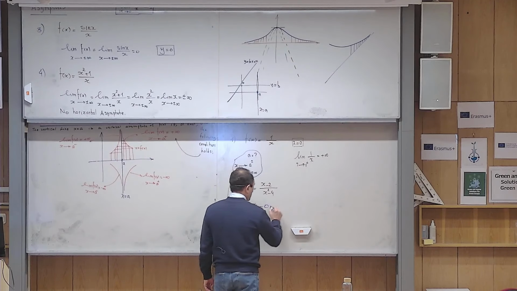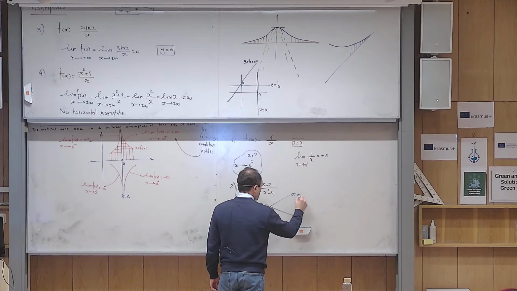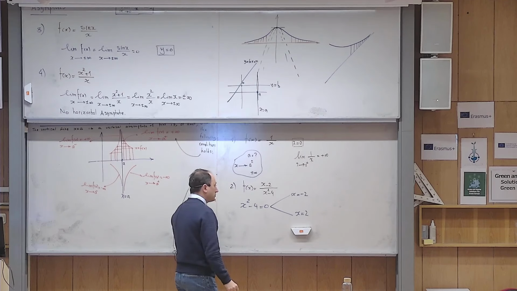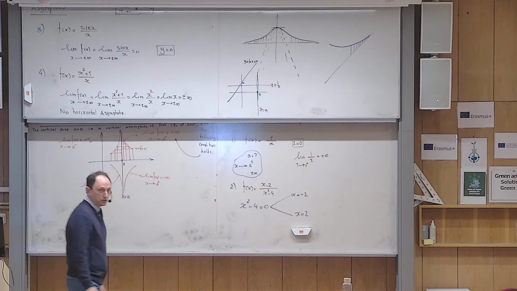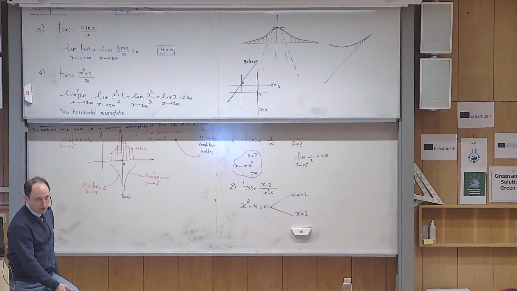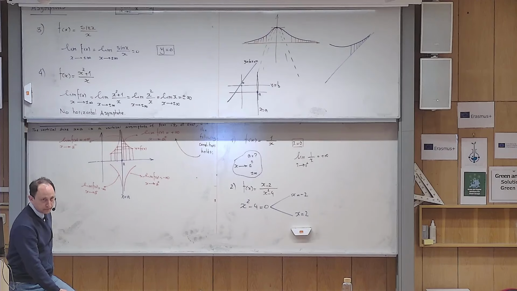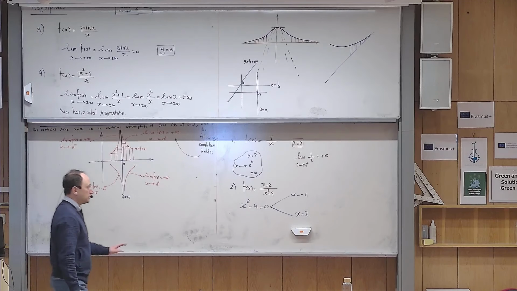And then you get two answers: -2, +2. The naive answer is that these are asymptotes. But these are not. One of them is not, yes? Yeah, 2 is not. Why?